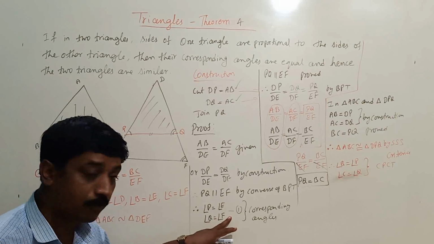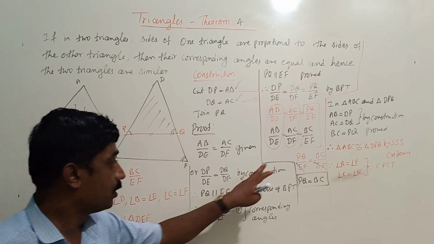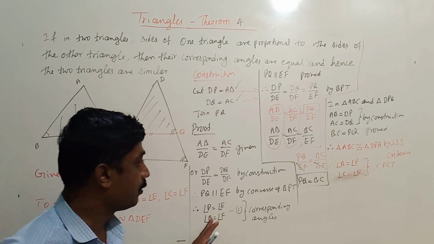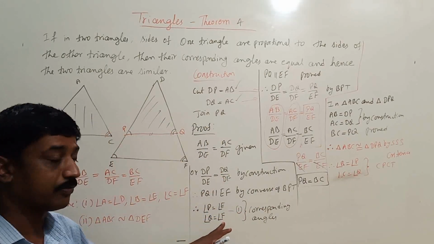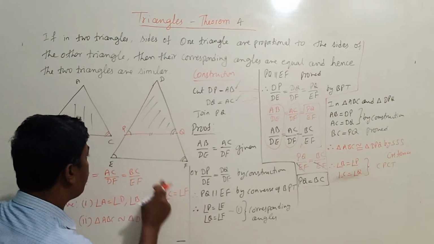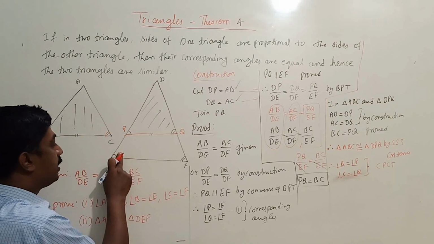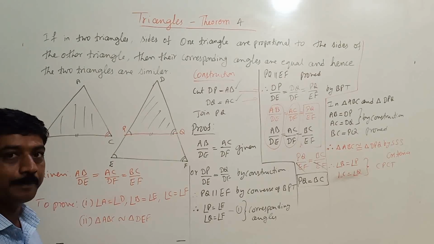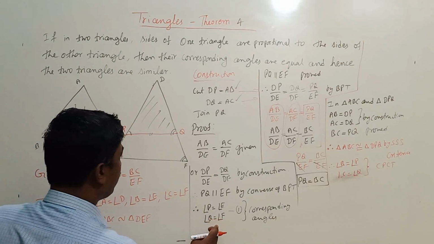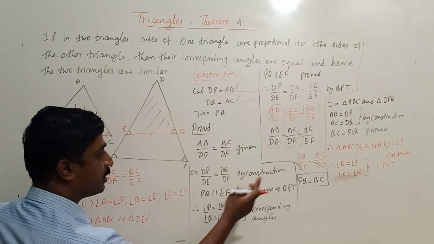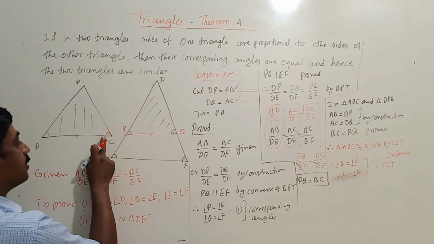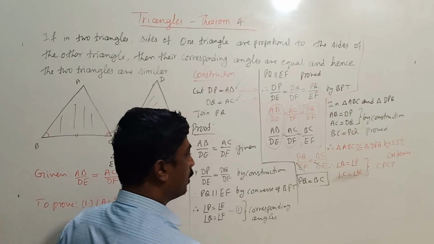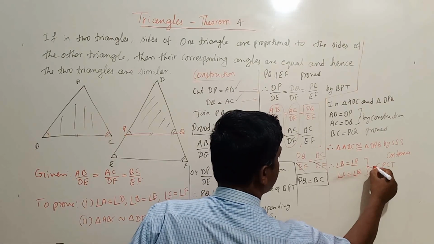Now when you compare from 1, P is equal to E, therefore B is equal to E. Q is equal to F, therefore C is equal to F. Understand here. So here we proved P is equal to E, but there we proved P is equal to B, therefore B is equal to E. And here what we proved? Q is equal to F, but there we proved Q is equal to C, therefore C is equal to F. Understand here. So this is 2.